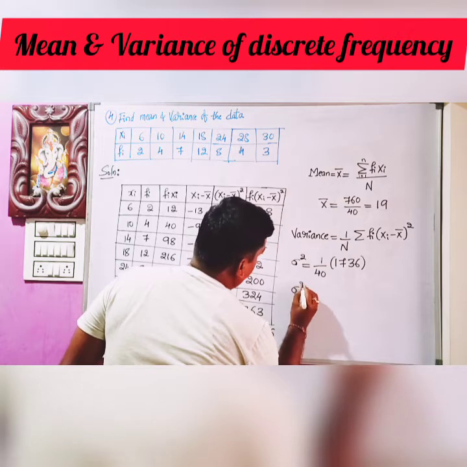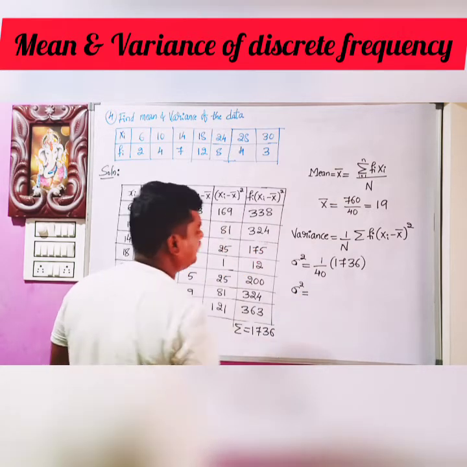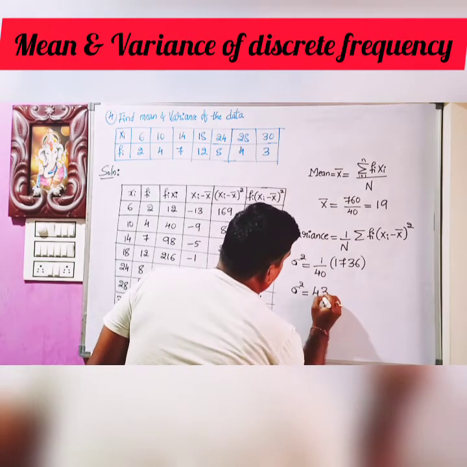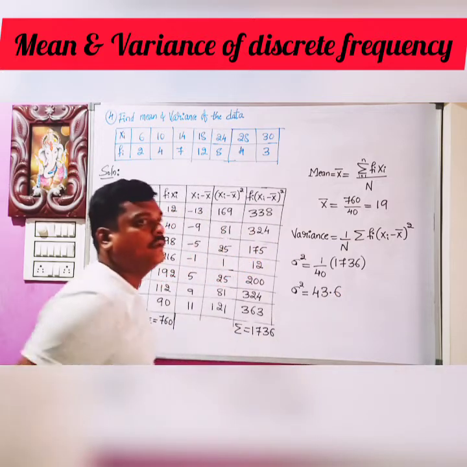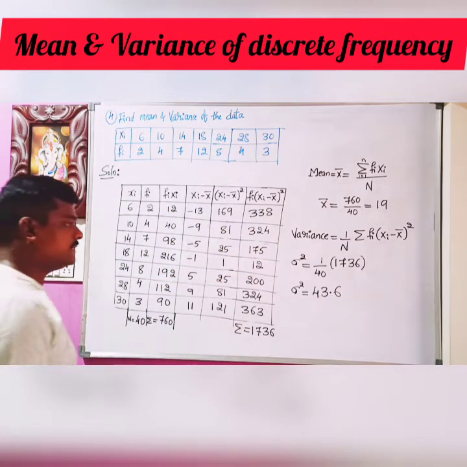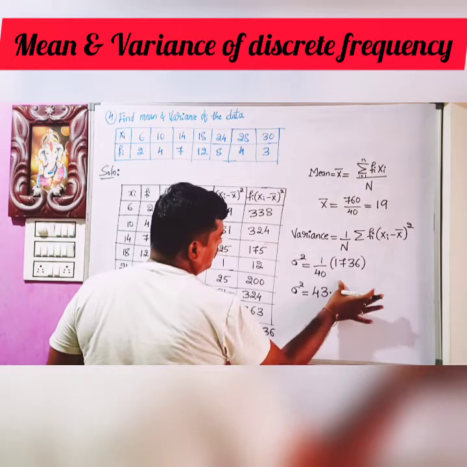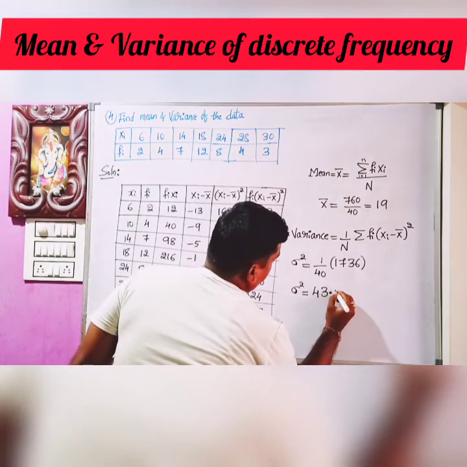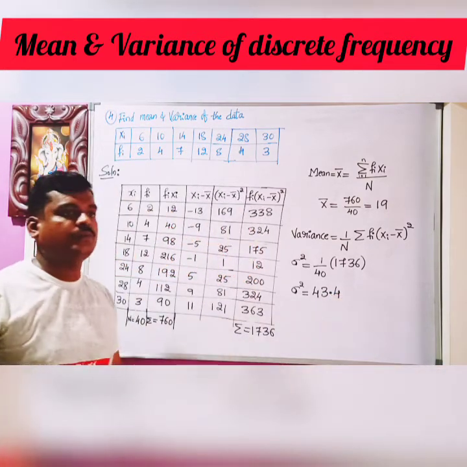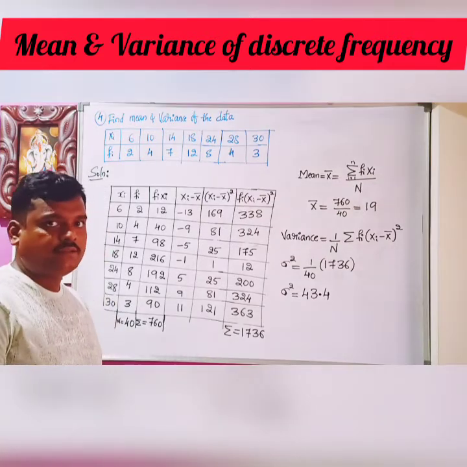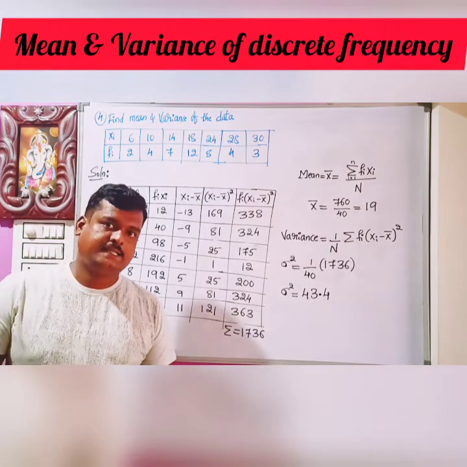Use a calculator, then we can find the variance as 43.4.